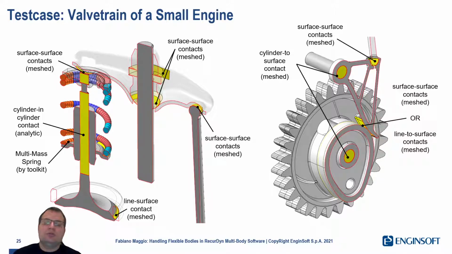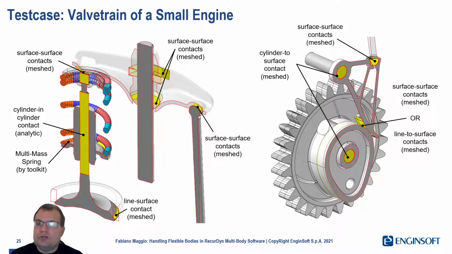Let me now show an application where the use of flexible bodies is important, is mandatory. This is the valve train of an internal combustion engine, a small one. And as you can see from this slide, we have some bodies. Some of them are grounded, some of them are kept together by joints, and some others are kept together by contacts.